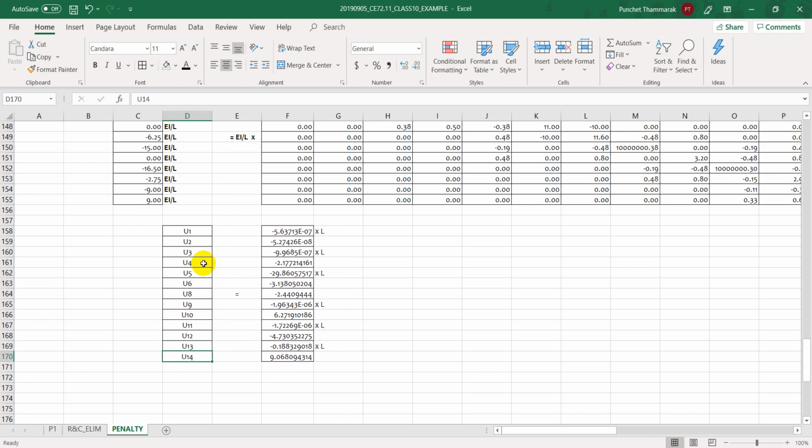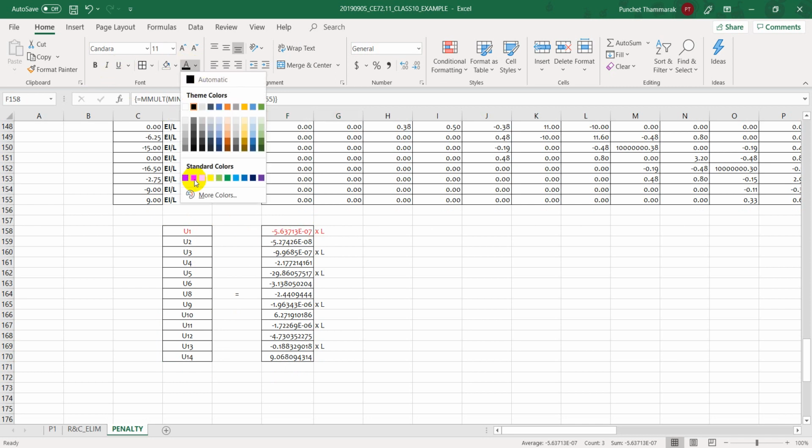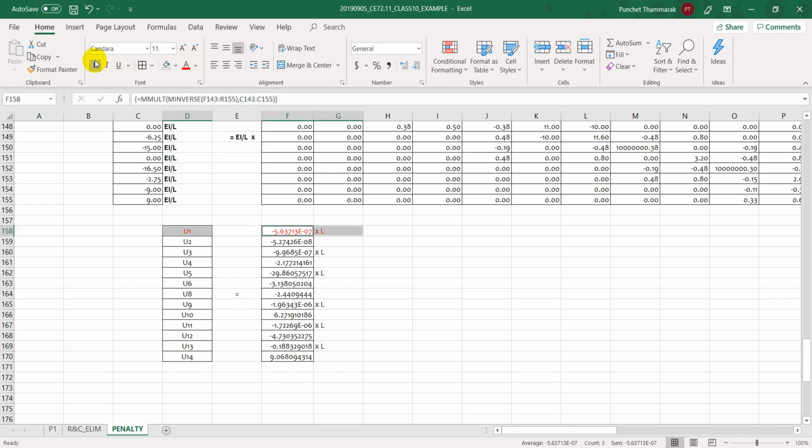Okay, here U1 is a boundary condition, right? U3, U5, U9, U11, they are all boundary condition. Oh, no, wait, sorry, 5 is not, 9 is yes.